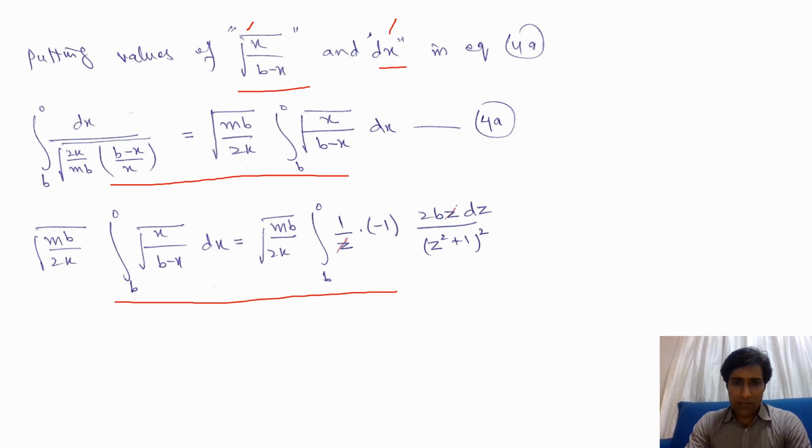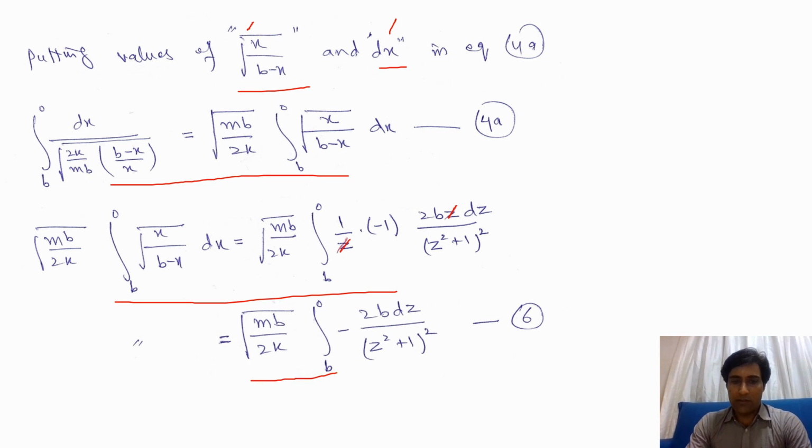So this z is cancelled with this z. So finally we will get this equation, which is equation 6.